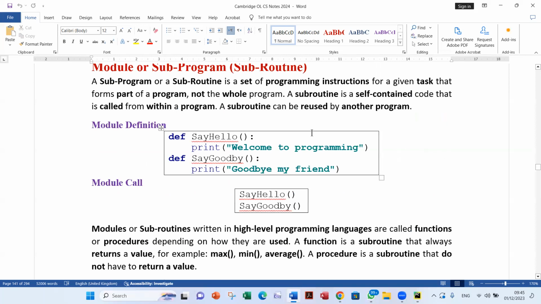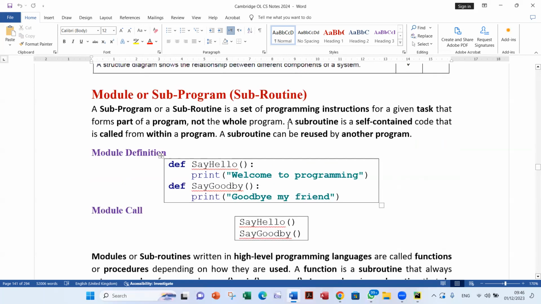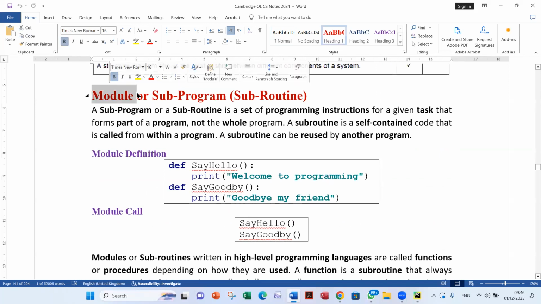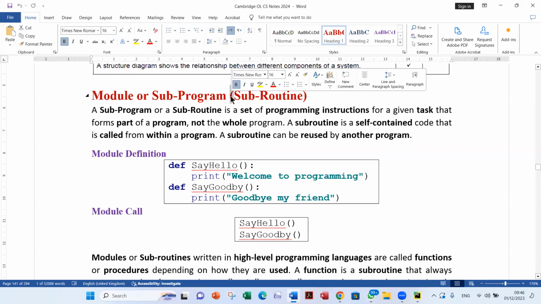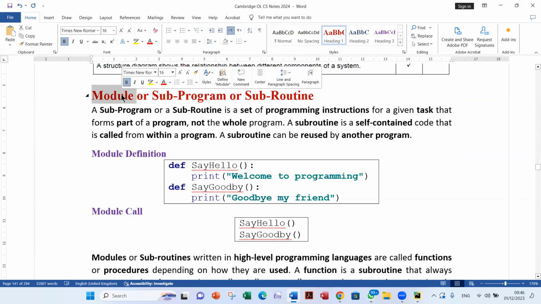When you apply top-down design, you split your program into modules. Let us play with modules because now you have to study lots about modules. A module is a subprogram or a subroutine. They are all the same thing. However, they use it popularly with subprogram or subroutine. So I'm teaching you now what is meant by a module.